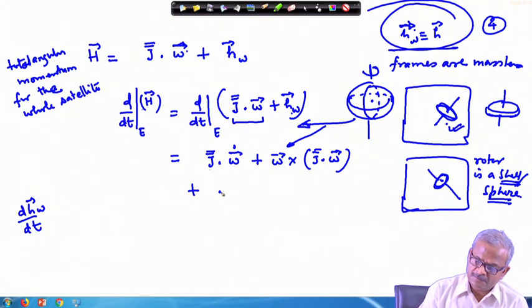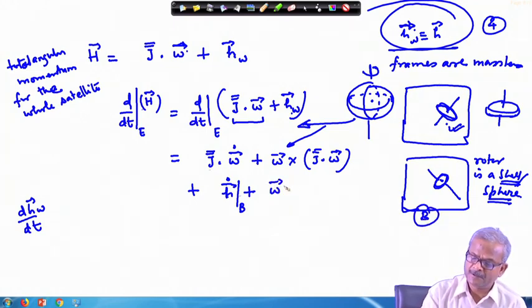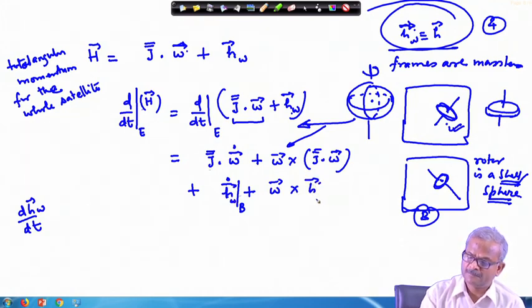So, if we write it in this way, omega cross, this is the h dot plus, so this h dot is with respect to the body. Okay. This is the main body here, and then omega cross h wheel.